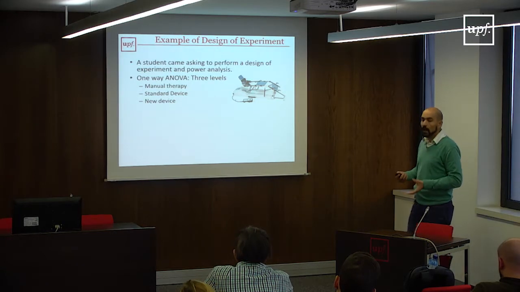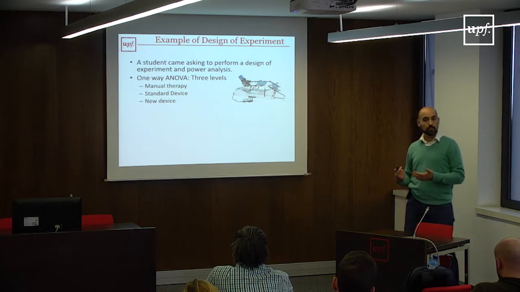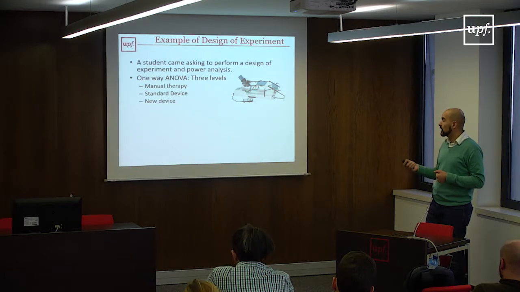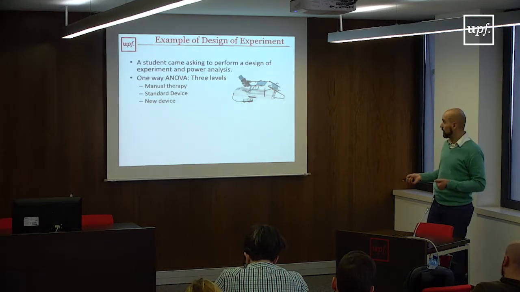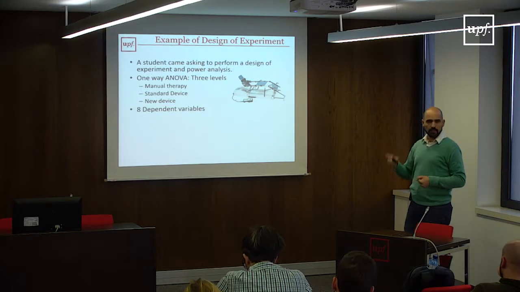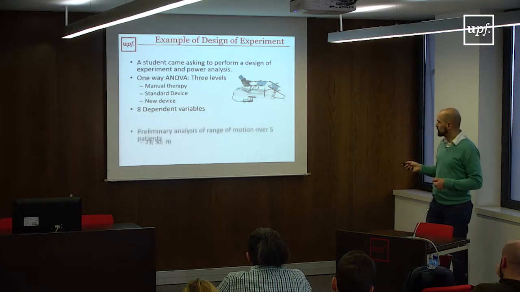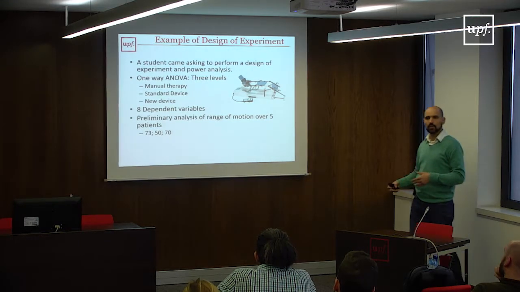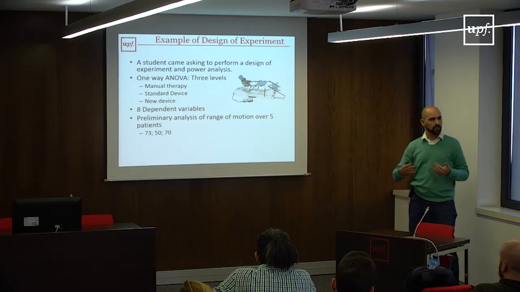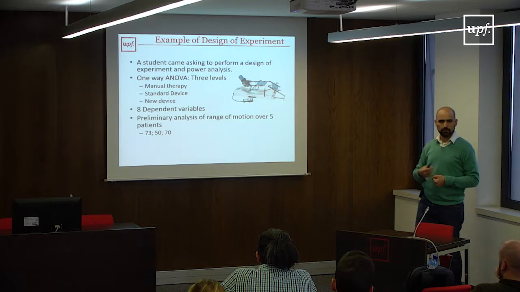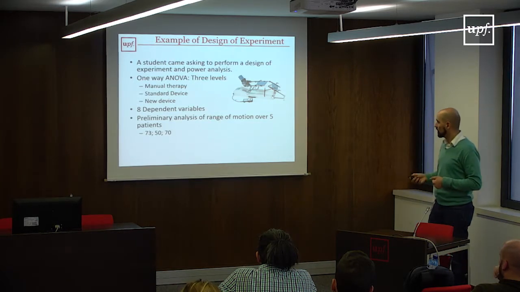And the idea was how many tests I have to do in order to verify if my new device is better than the old one, or at least if it is comparable with the manual therapy. They were measuring 8 dependent variables, which I don't remember, but okay. They were related to the angle of the knee, the speed that can be applied in order for this knee to move, etc.